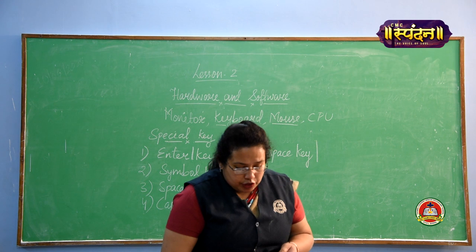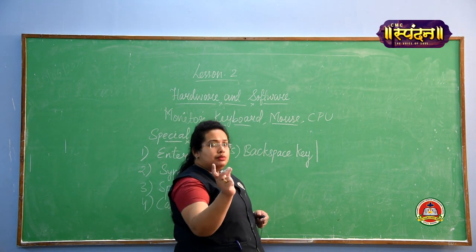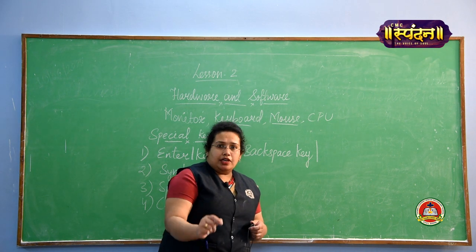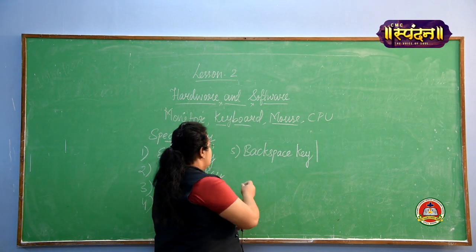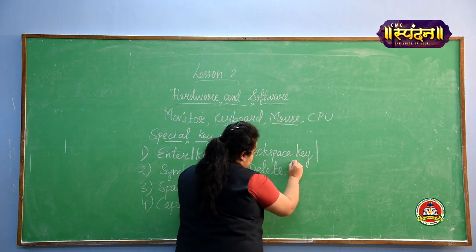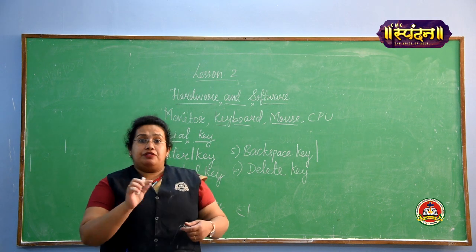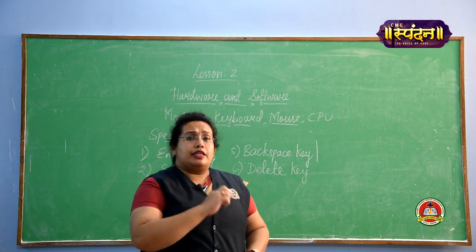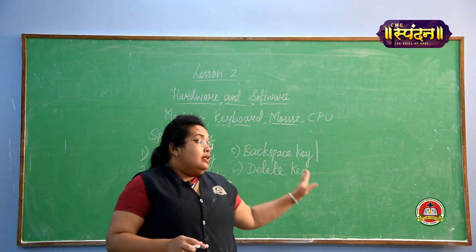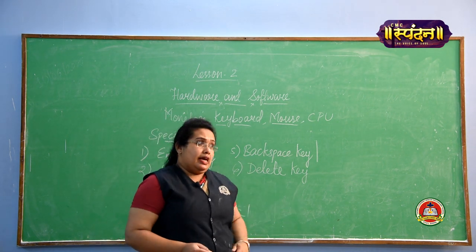Now the next key which we are using to erase is known as the delete key. We have two types of keys that we use to erase something. So the sixth key is the delete key. The work of the delete key is also to erase, but the difference between the backspace key and the delete key is that the delete key erases the letter from the right side.